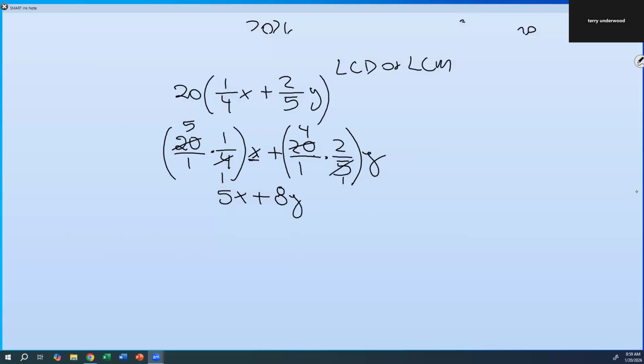And the reason it is the end is because I don't have like terms. Both have a 1 as a power, but 5 is multiplied to x and 8 is multiplied to y. And because of that, there are not like terms.